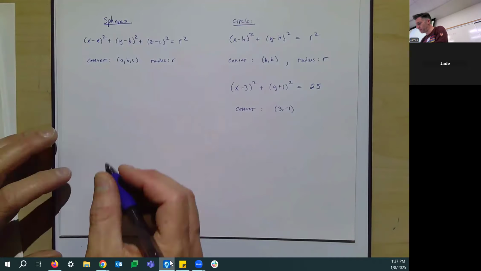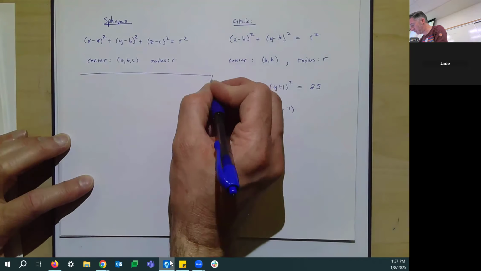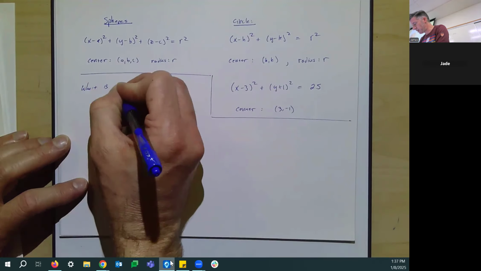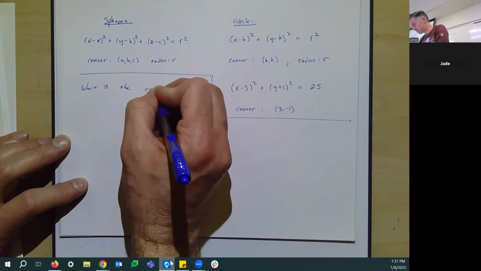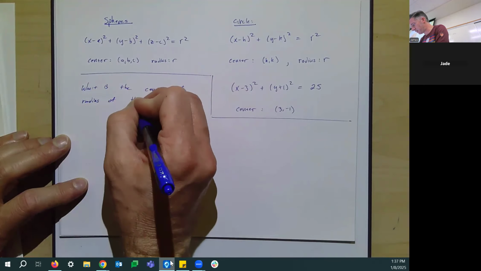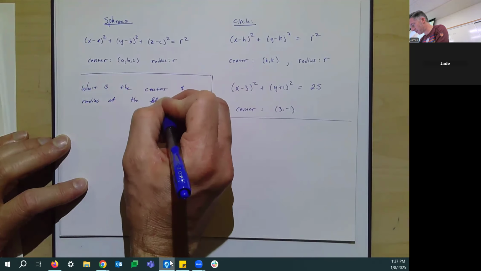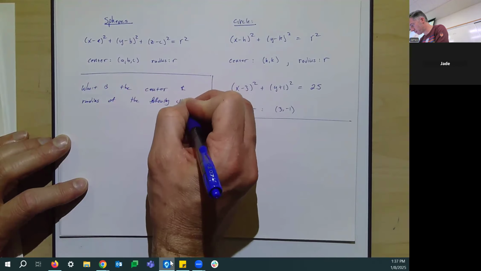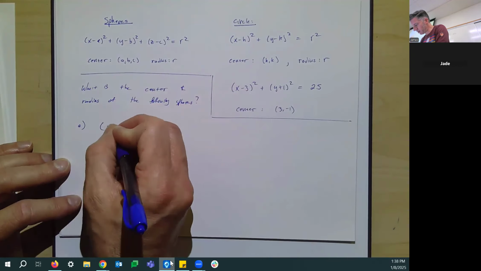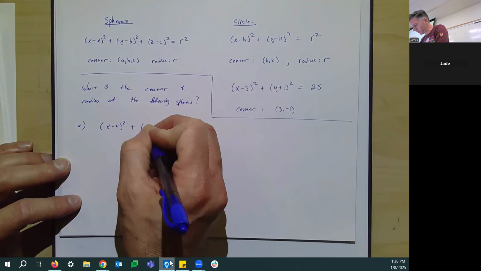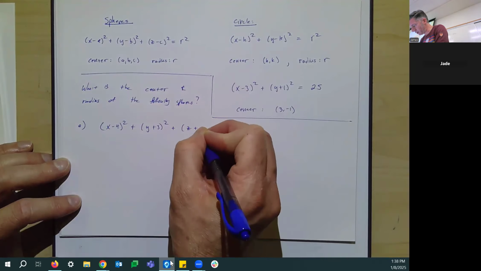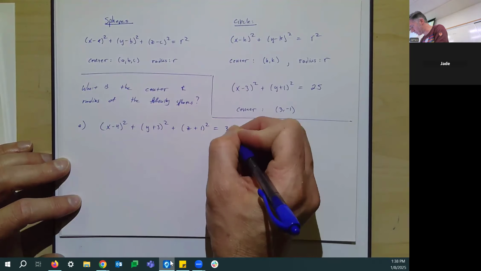So one thing I might ask, for example, is what is the center and radius of the following spheres? So here's an easy one. (x minus 4) squared plus (y plus 3) squared plus (z plus 1) squared equal to 36.